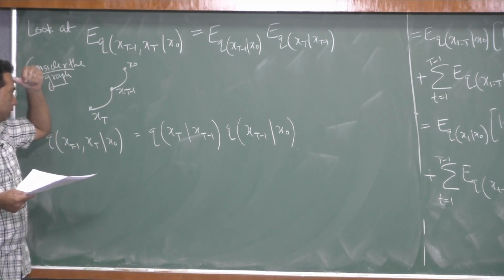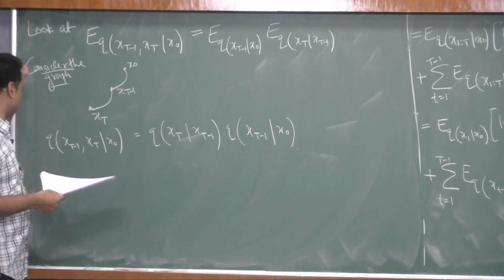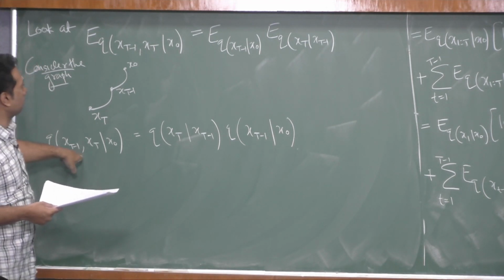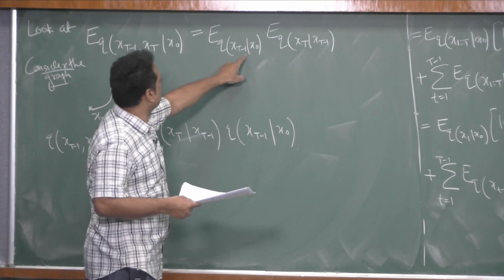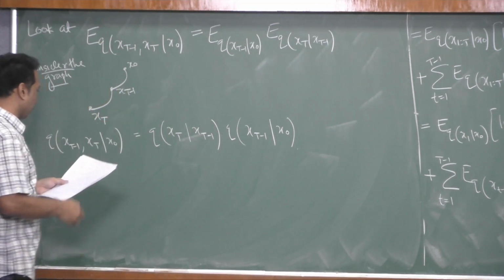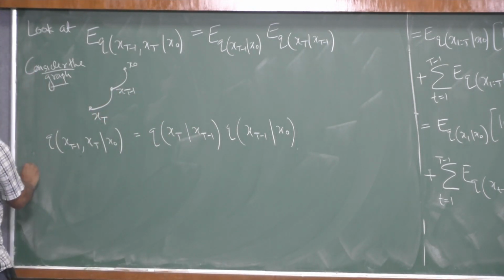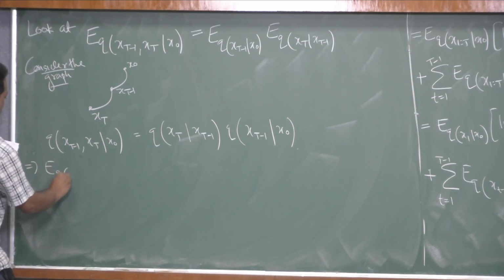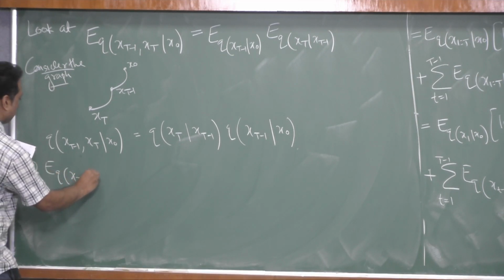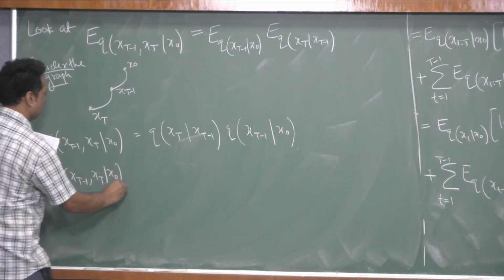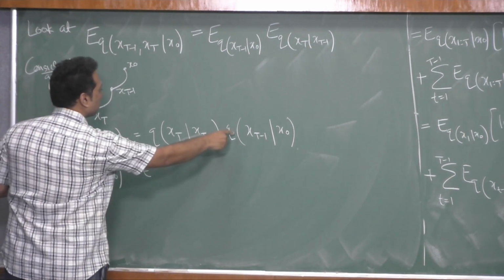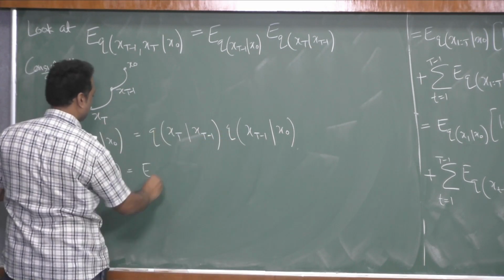This is what is relevant here, and hence if I compute an expectation of this, it does break into that. So this implies the expectation of q of xt minus 1, xt given x naught is, I can write this first so that it matches that.